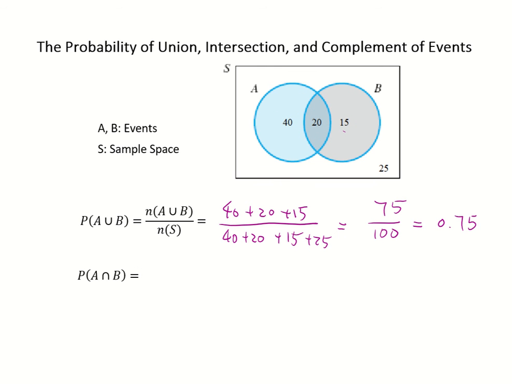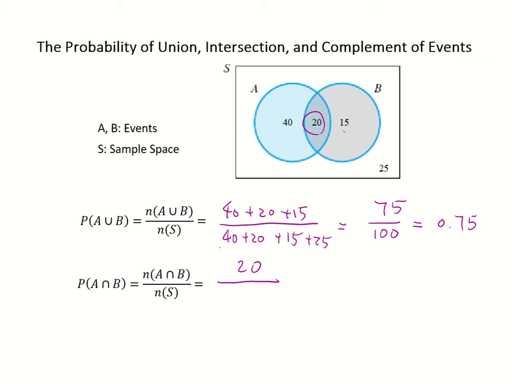Now I want to find the probability of the event A intersect B. Intuitively, we can see the probability of A intersect B should be equal to the number of elements in the set A intersect B over the number of elements in the sample space S. So first, the number of elements in A intersect B is 20.